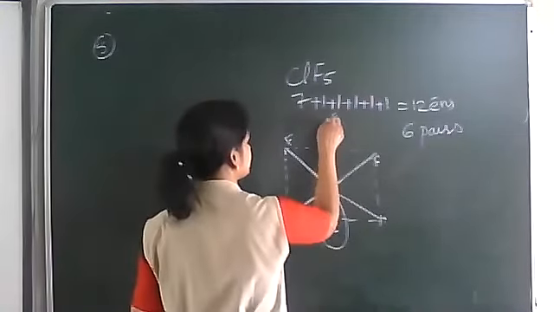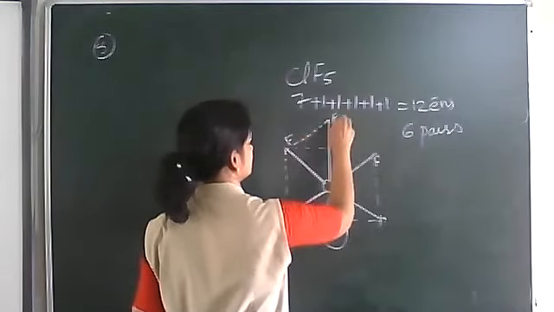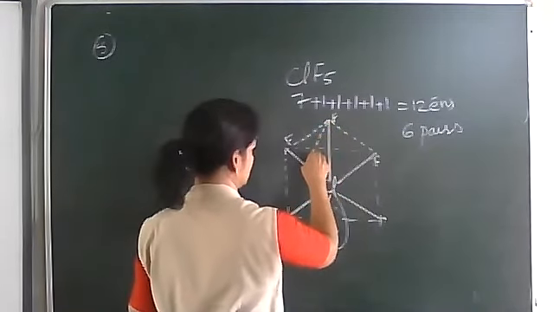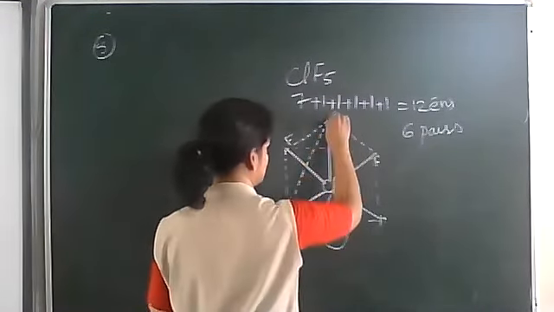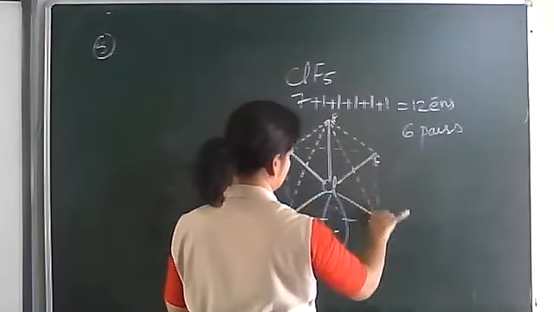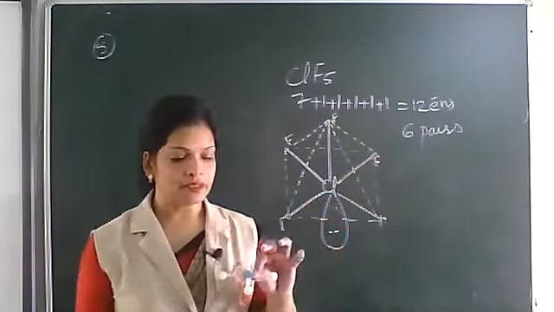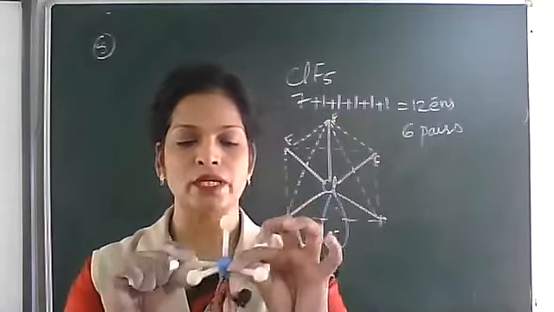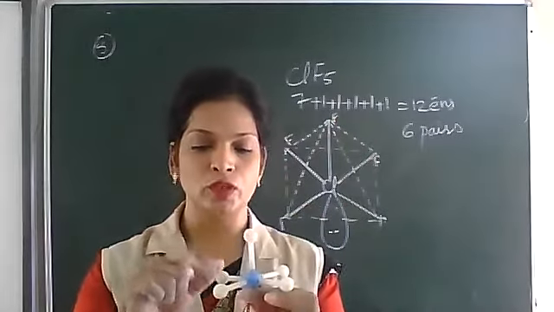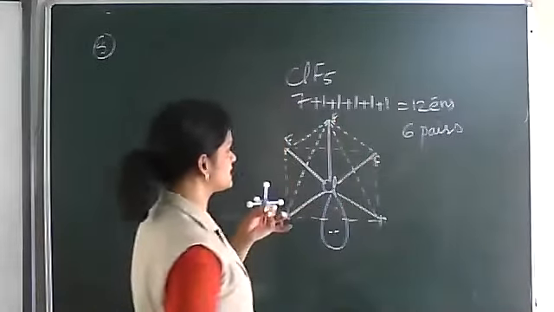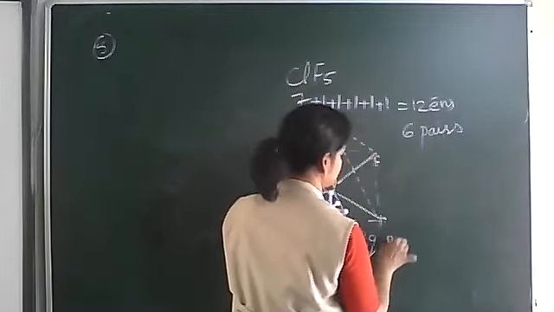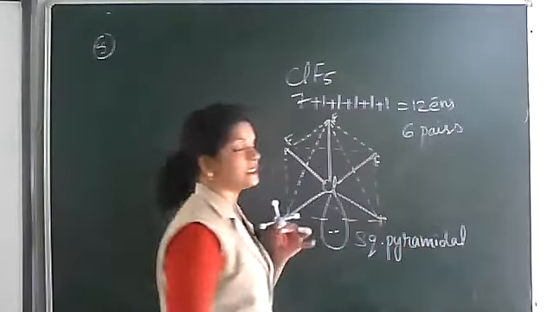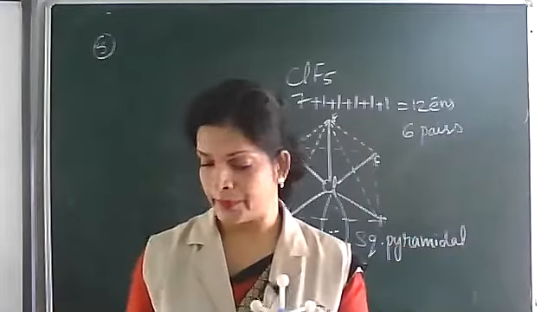You can join. So this will have a square pyramidal shape. 1 up and 4 at the corners of a square. Join from the top to these corners. So you will get a square pyramid. So the shape of the ClF5 molecule is square pyramid.